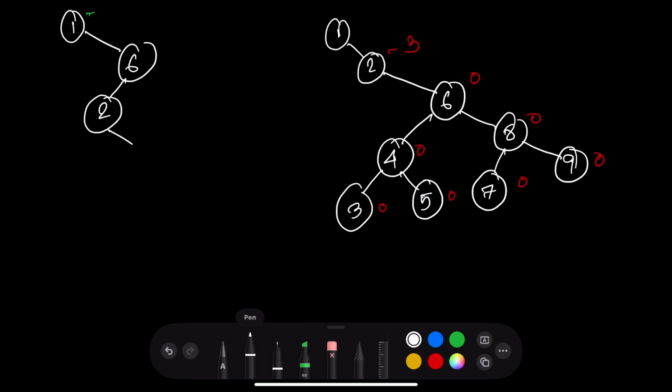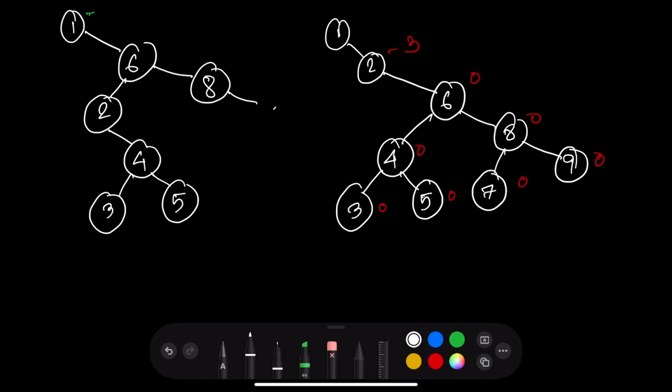I was writing it in the left subtree, I'm sorry. 4 and 5, and then 8, then 9, then 7. Now balancing again 0 0 0 0 0 0. Here it is -2, and here it is 3 and 2 1, and here again it would be -1 2 3 4, so -4.